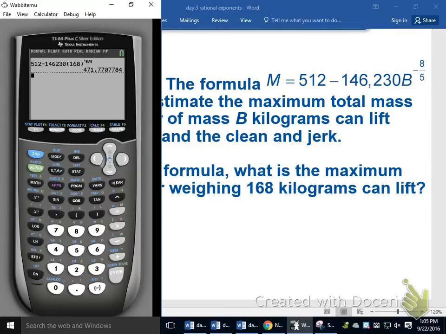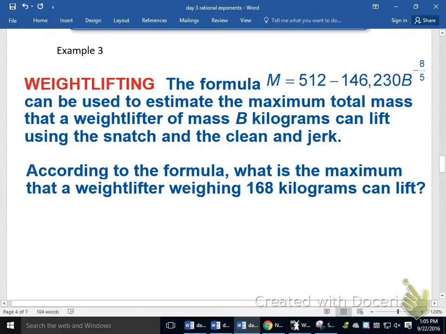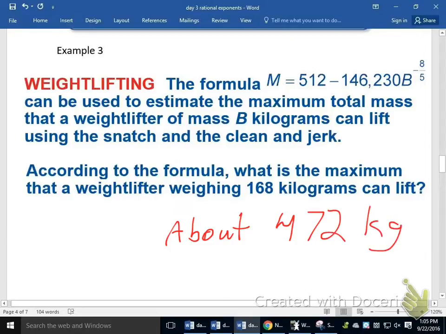And I get 472 kilograms. It didn't tell us to approximate, but given the context of the problem, if you're into lifting weights, you'll know that the weights only measure to the nearest whole kilogram whenever you're dealing with metric system. So this is a good answer for us.